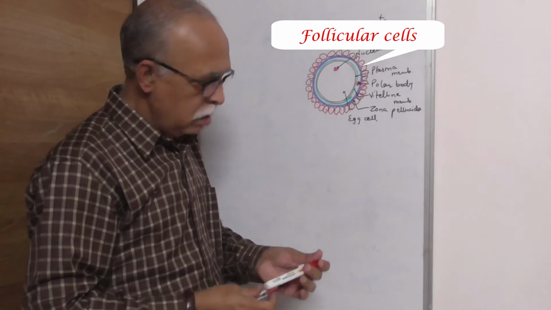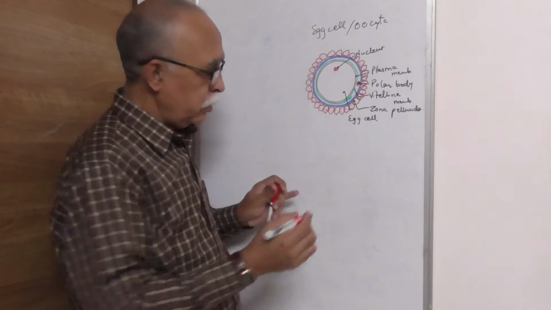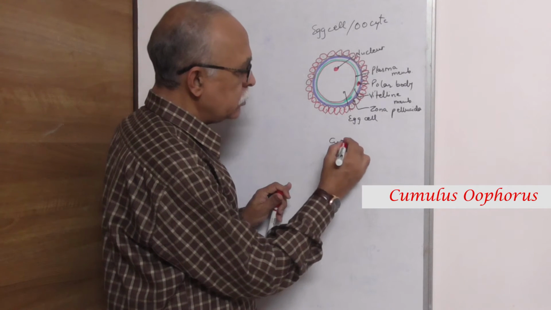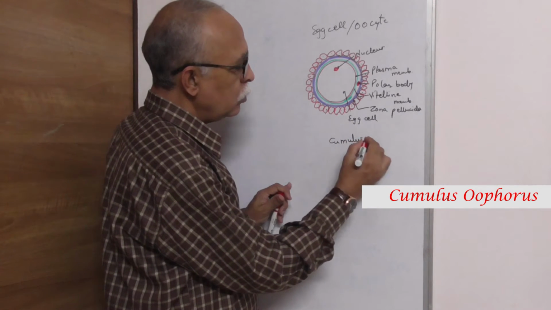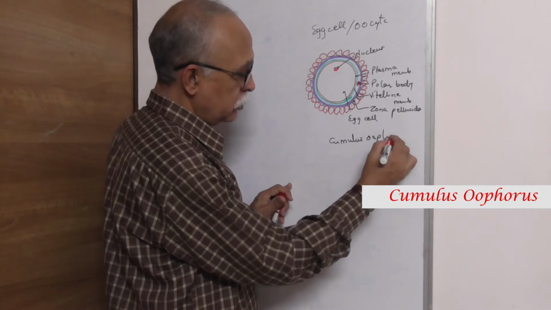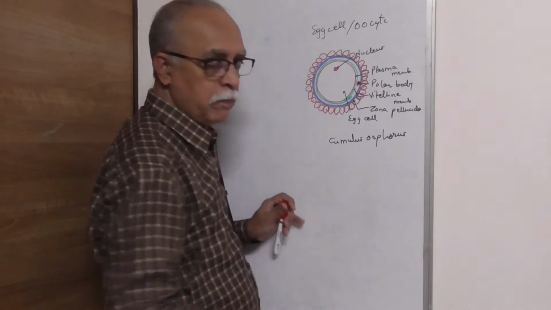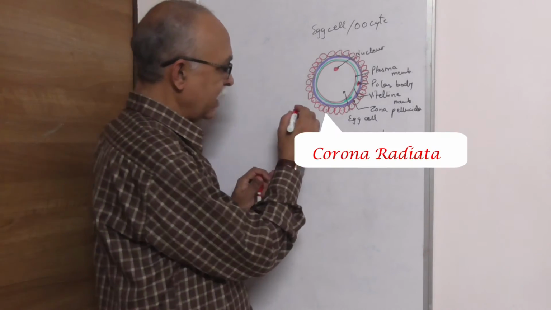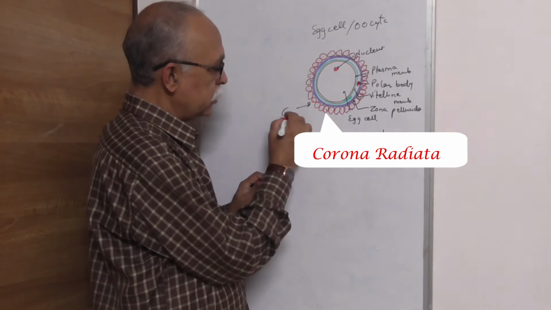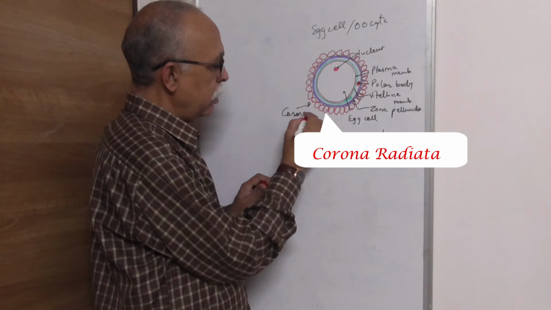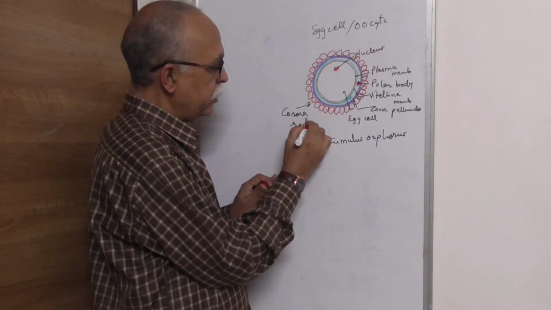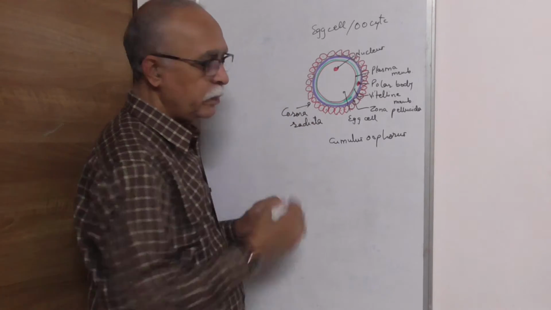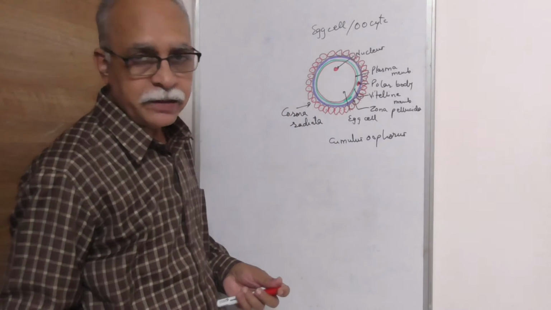These cells are part of the cumulus oophorus, or exactly if I have to label this layer, it's called the corona radiata. These are the follicular cells, diploid cells.